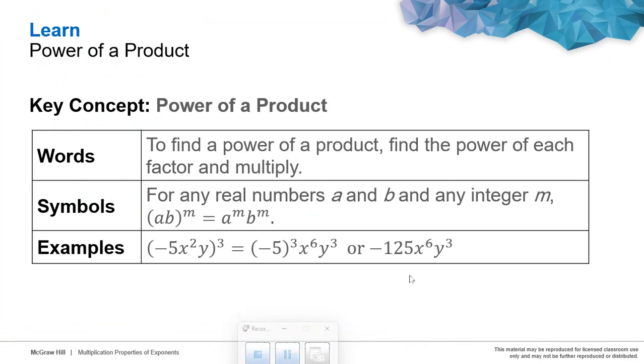Let's move to the next property, power of a product. Like this here, if you have a times b, to the power m, we can distribute the power to the components of the product, as you see, a to the power m times b to the power m. Also, this example: negative 5 times x squared times y, all to the power 3.